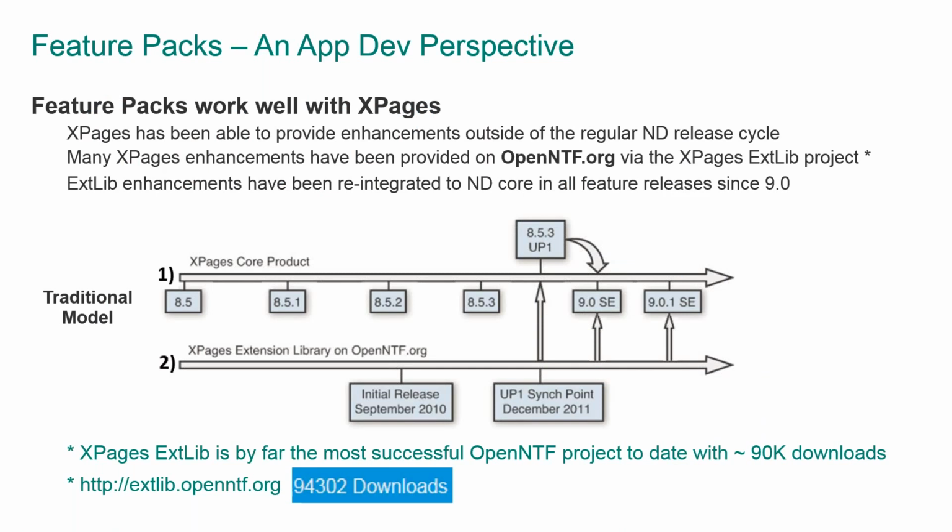At the time, I set the stage with this particular slide here. So feature packs, as I described then, and as we have proven with the subsequent release on March 7th of Feature Pack 8, work very well with the XPages app dev model, because up to this point, our traditional model had been such that we could introduce app dev features in between Notes Domino product releases.